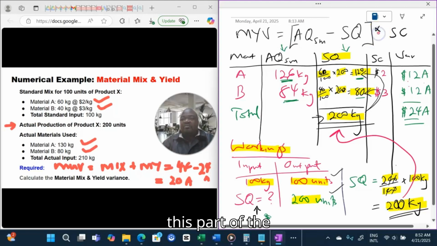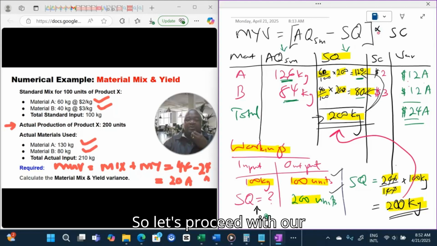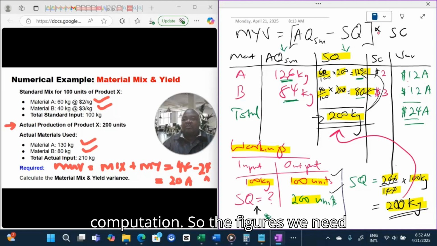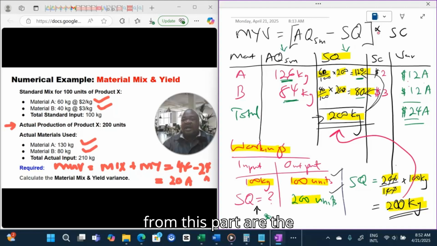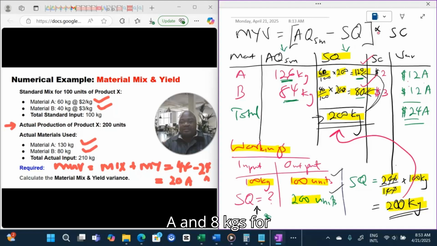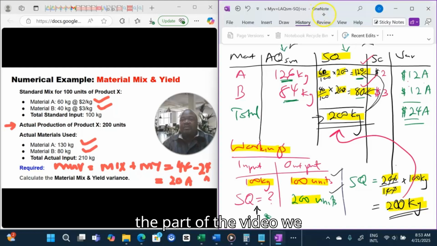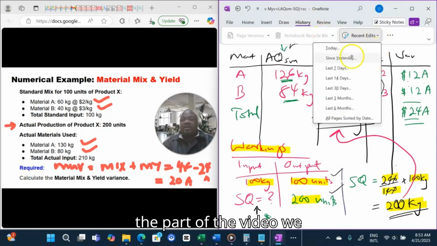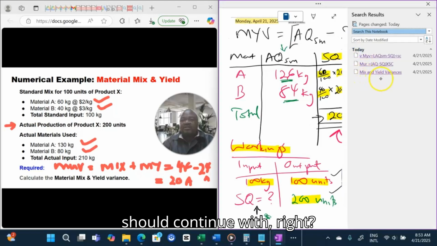I hope this part of the video has been very, very useful. So let's proceed with our computation. So the figures we need from this part are the 120 and 80. Okay, 120 kgs is standard quantities for A and 80 kgs for B. Right, so we need to go back to the part of the video we should continue with, right?